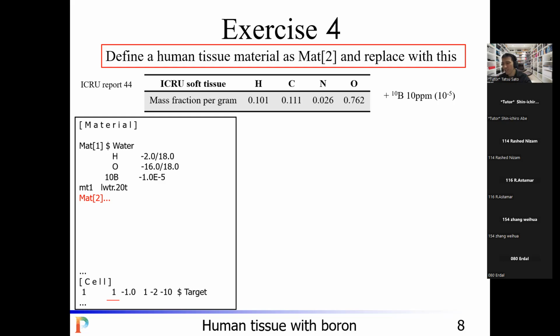I added the material number 2 and I forgot to add the LWTR.20T, and the results of those EPS do not appear. But if I comment out the MT1, I obtain the result. So I feel it is strange.